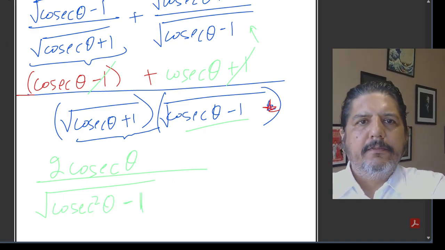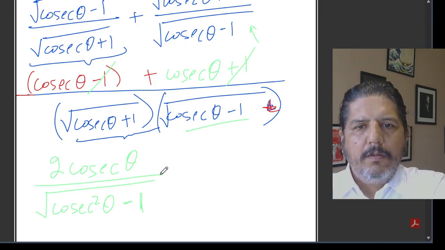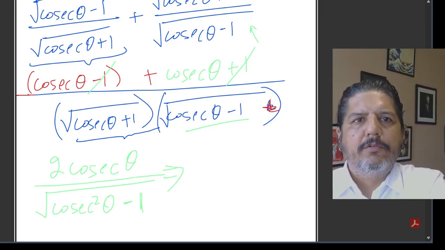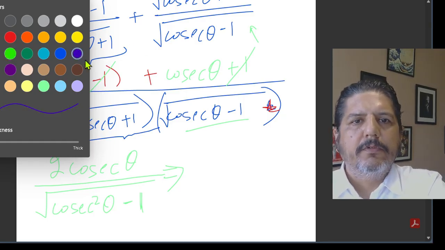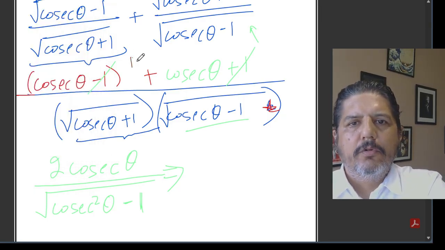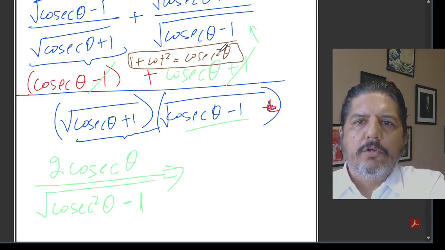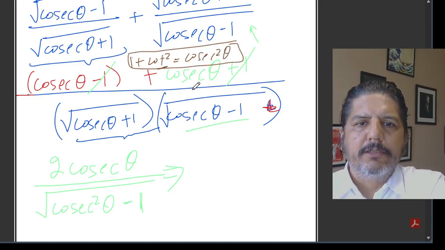Now I understand that 1 plus cot squared theta is equal to cosec squared theta. Let me write somewhere here. So I understand 1 plus cot squared theta equal to cosec squared theta. So cosec squared theta minus 1 would be equal to cot squared theta.